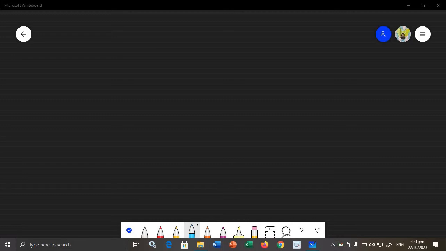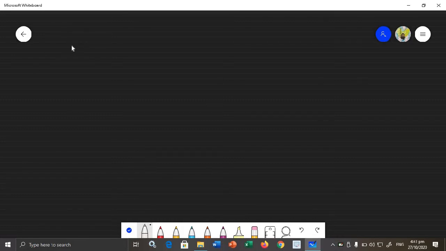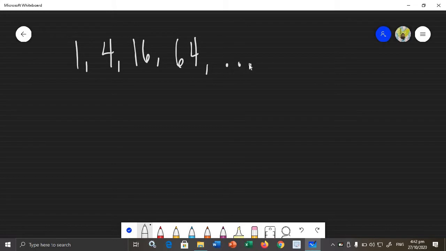Let's say, for example, I have here this geometric sequence: 1, 4, 16, and then 64, and then you see these 3 continuous dots. This is what we call an ellipsis.